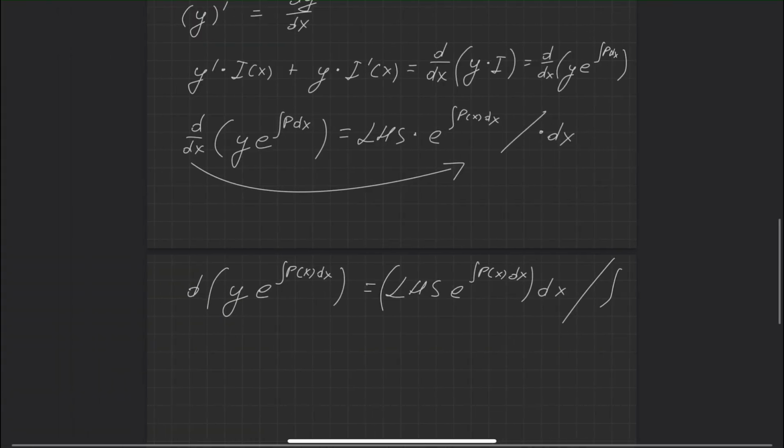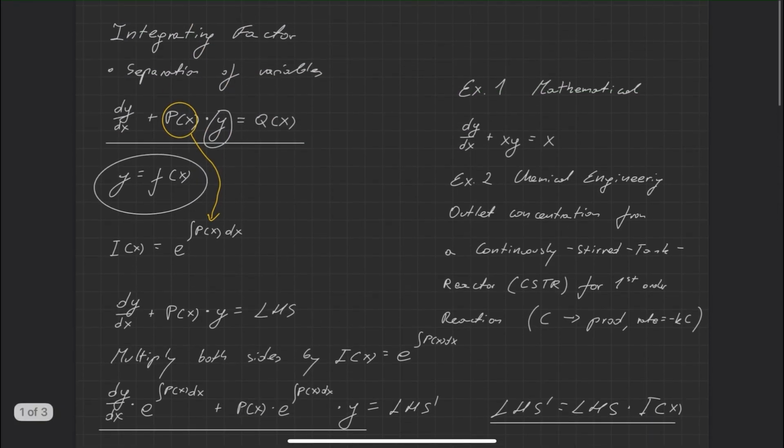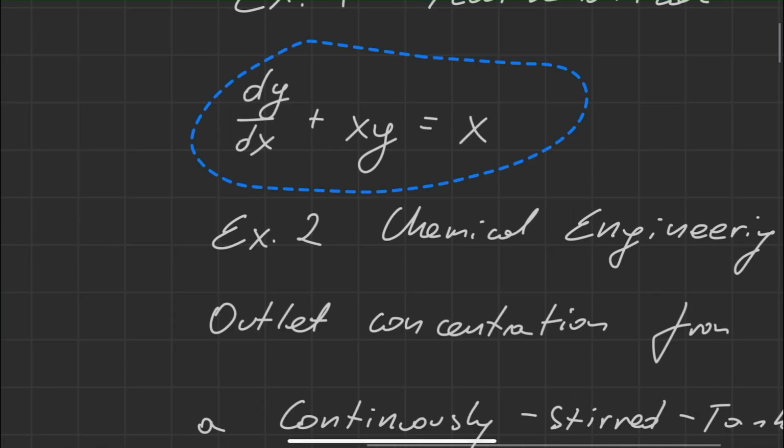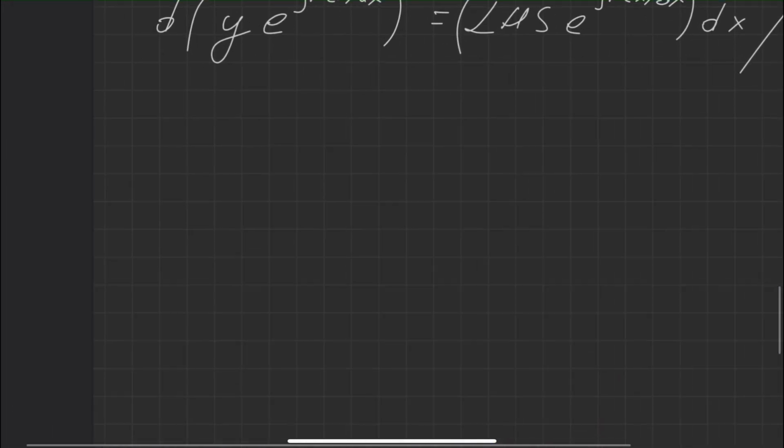So let's show an example. Let's start with the purely mathematical example for some people that prefer more abstract concepts, and then we will work with a more applied concept, which is going to be a case of a reactor.